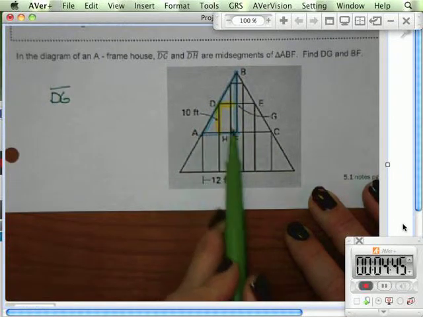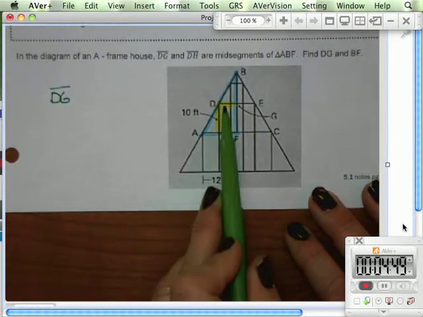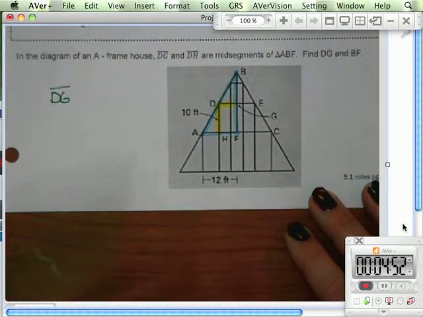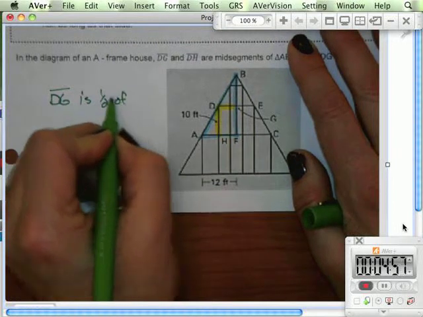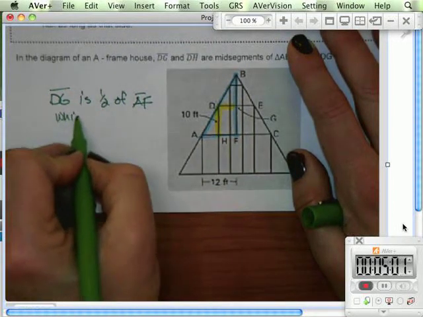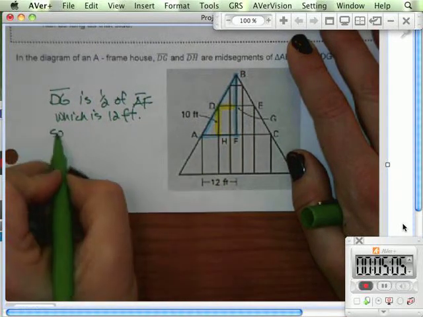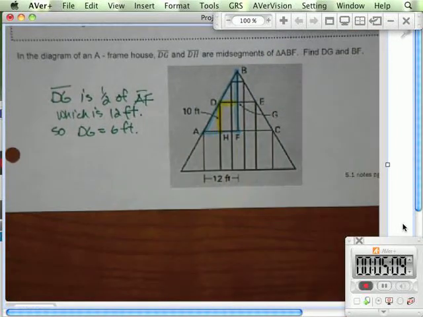AF, and this is the mid-segment, right? And it's parallel to the third side, and it's also going to be half of the third side, right? According to the mid-segment theorem. So DG is half of segment AF, which is 12 feet long. So DG is equal to 6 feet. So again, look at the whole picture.